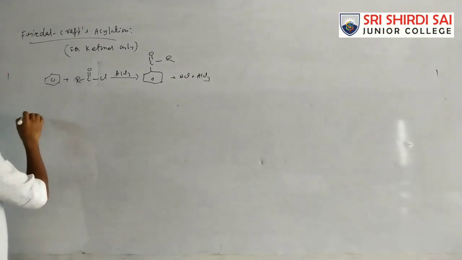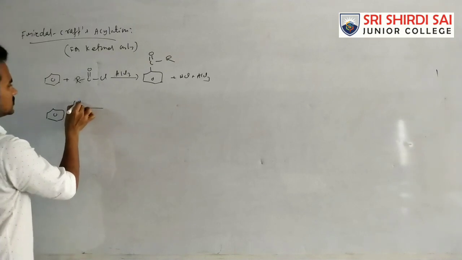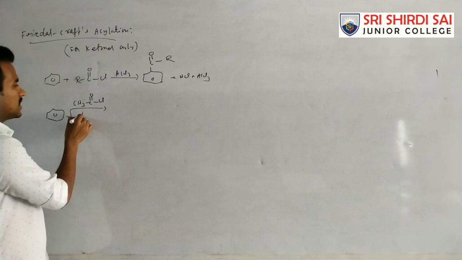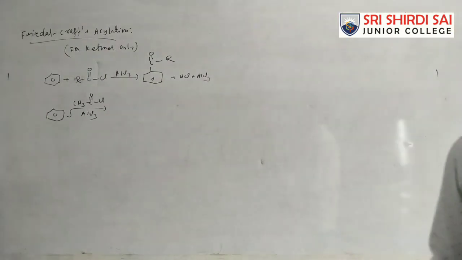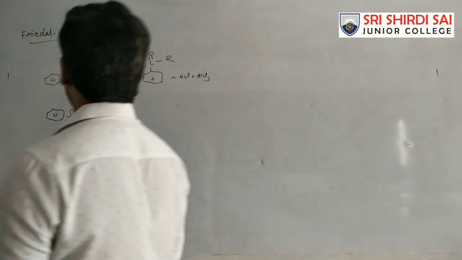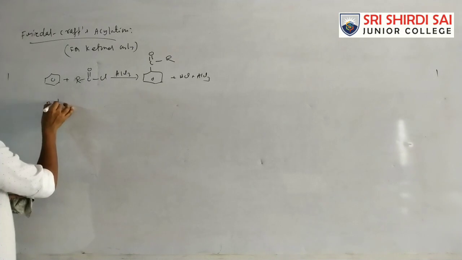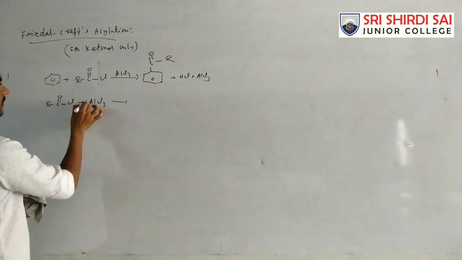So first, suppose in this case the benzene is treated with CH3C=OCl and AlCl3. Actually here the alkyl attacks the benzene. You know this reaction, we already discussed it in first year. RC=OCl, AlCl3 is the Lewis acid.